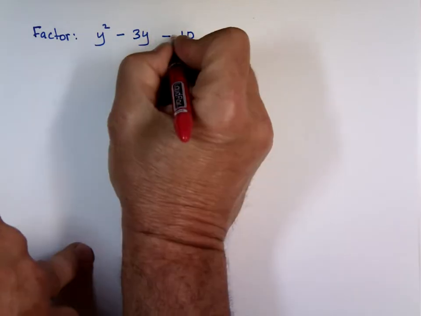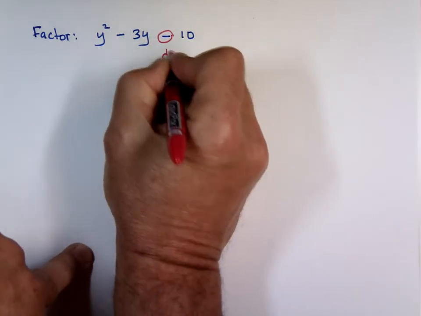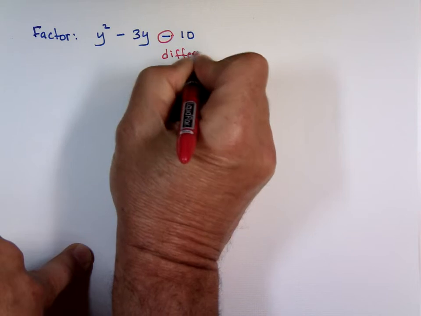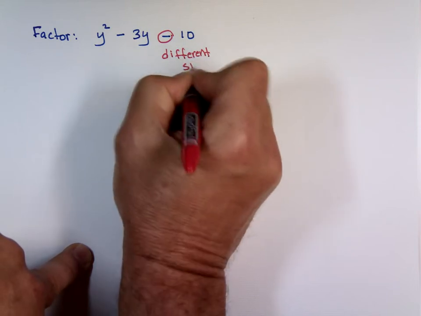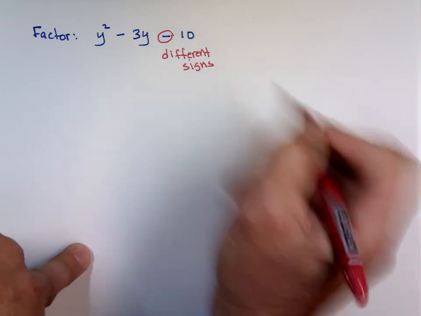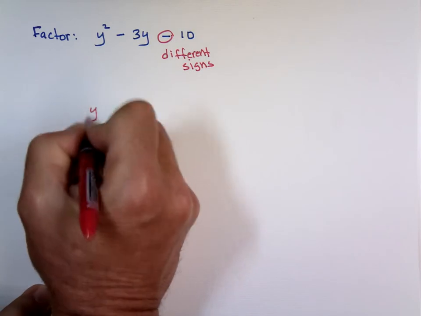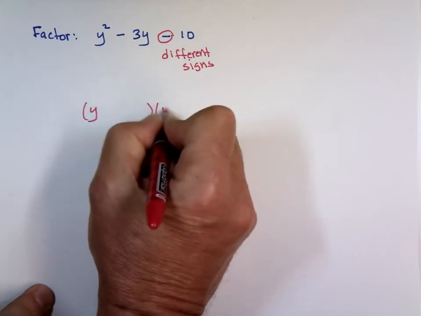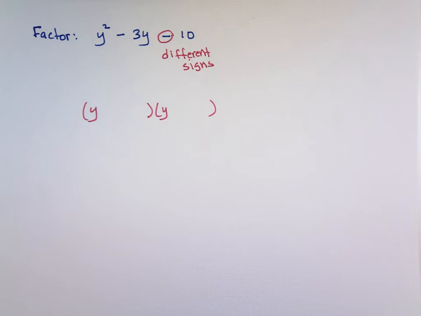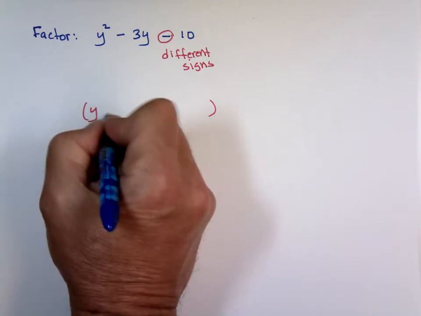Right here, different signs. So it's y and y, and one is positive, one is negative. Different signs.